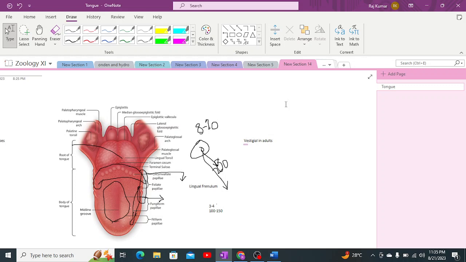After which it also helps in chewing. It helps to mix the saliva, and it helps in chewing by moving the food from one part of the mouth to another, and it also helps in swallowing and peristalsis.